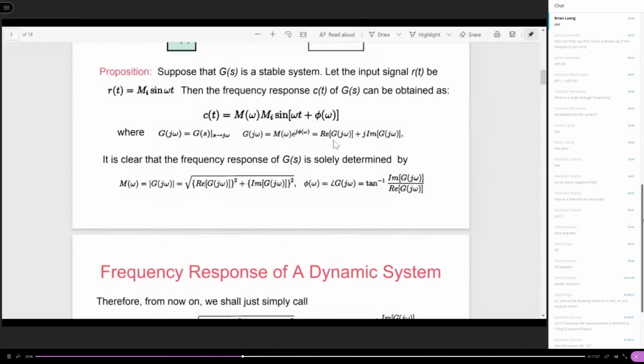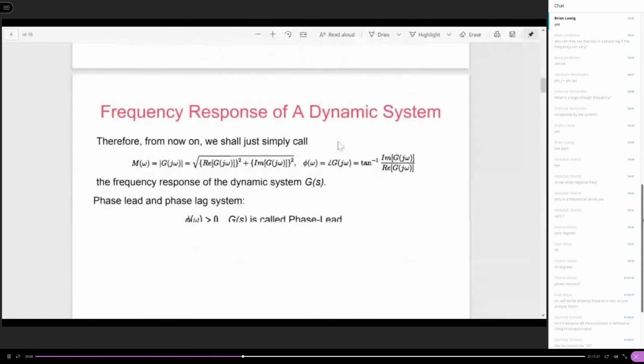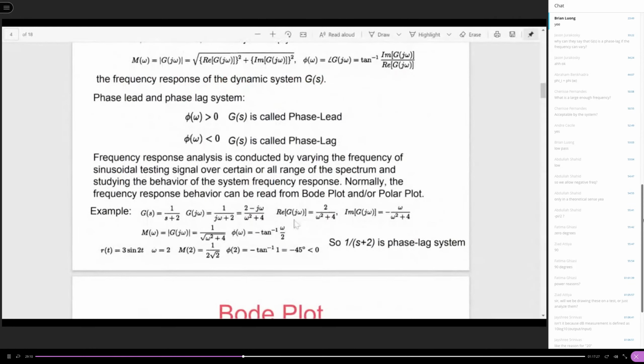Now, if you want to express it in the real and imaginary parts, you can do it. Here we can figure out the real part of this G of j omega. It's a function of frequency too, right? This is simply equal to 2 over omega squared plus 4. You have to rationalize the denominator to do that. We had this kind of manipulation practice in Control 1, right?